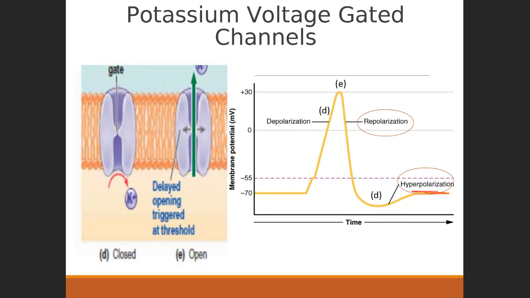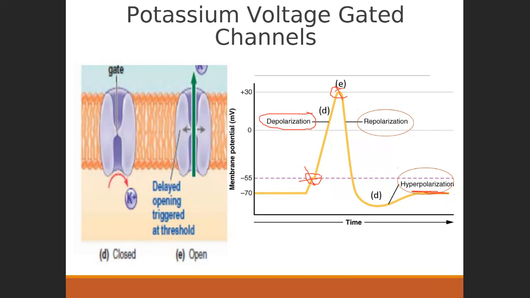So each of these changes in action potential is directly related to some action of those voltage gated channels. We go from minus 55 to plus 30 because that's when the sodium voltage gated channels open, and that's when they close, giving us our depolarization period.